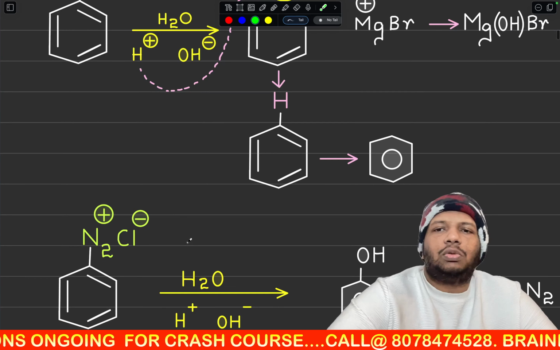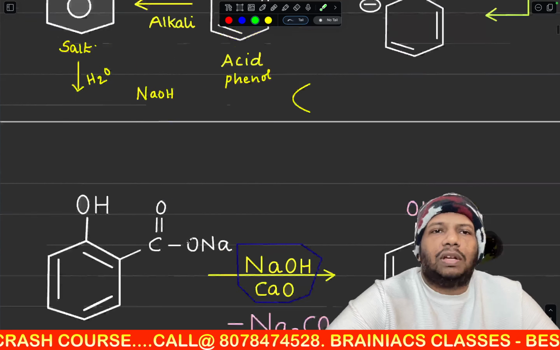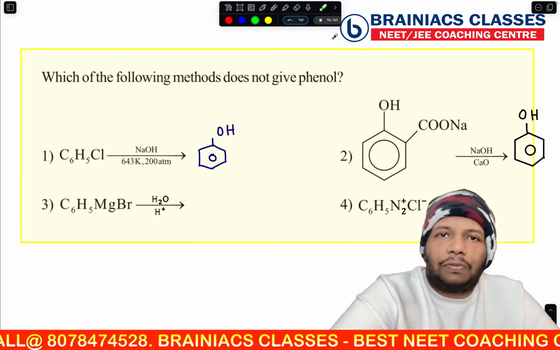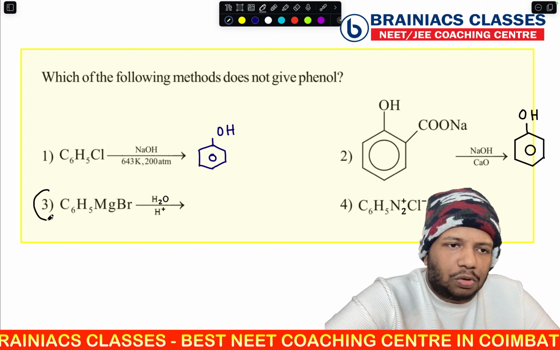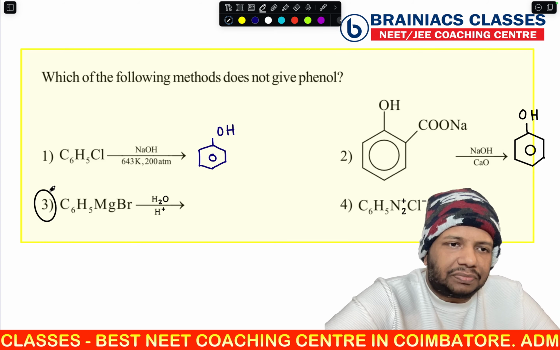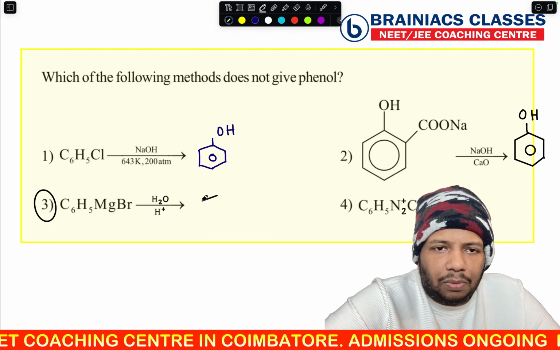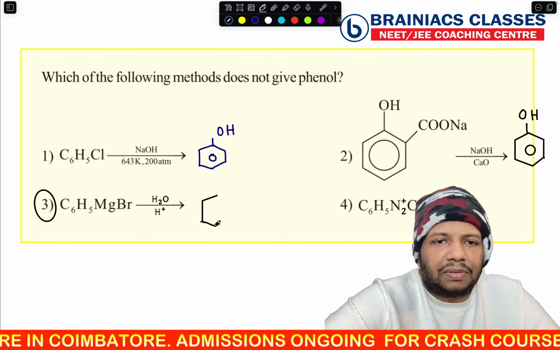So there is no phenol formed in this case. They are asking which of the following will not give you phenol, so option 3 should be my correct answer, because that is giving you nothing but benzene.